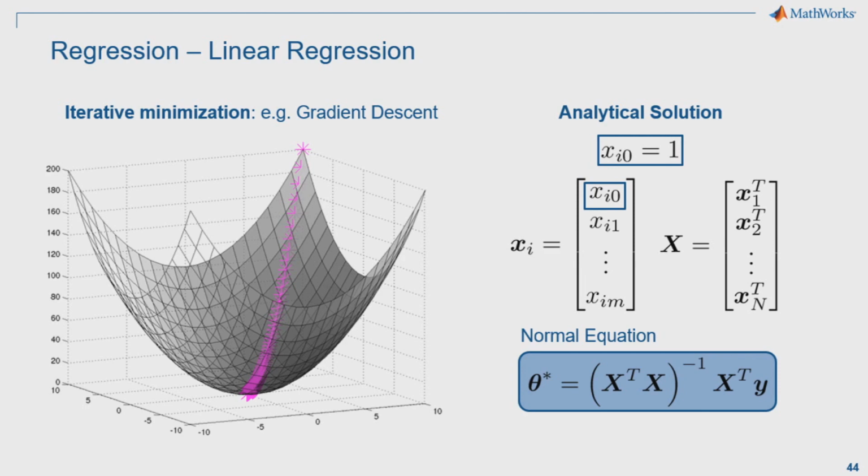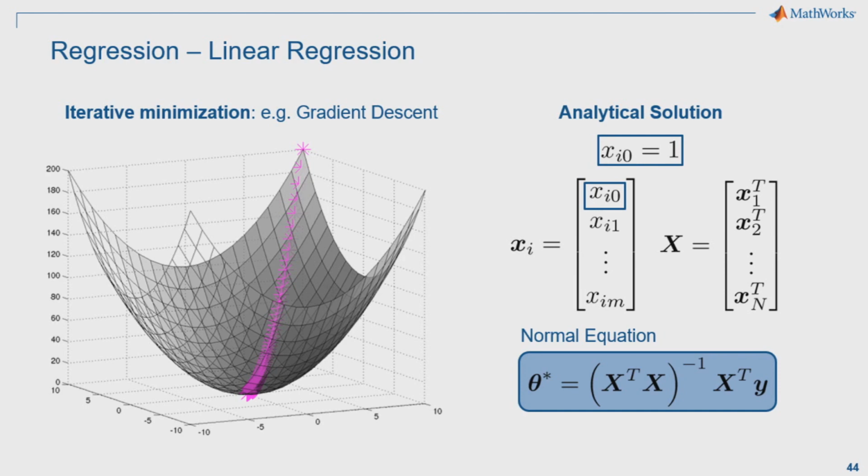There are reasons to choose one with respect to the other one, and typically this reason is represented by the size of your data set. When the size of your data set is very large, computing the inverse of the matrix X transpose times X, which is the matrix of your predictors, becomes a big effort, and it could be faster and easier to just do iterative minimization.